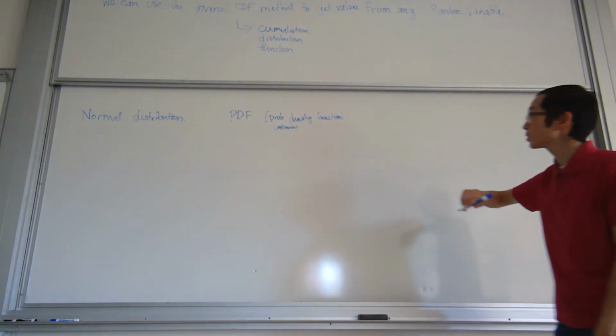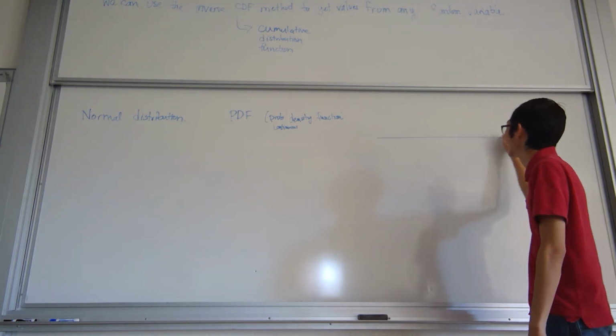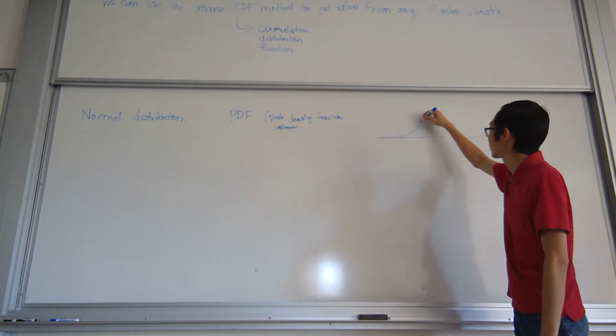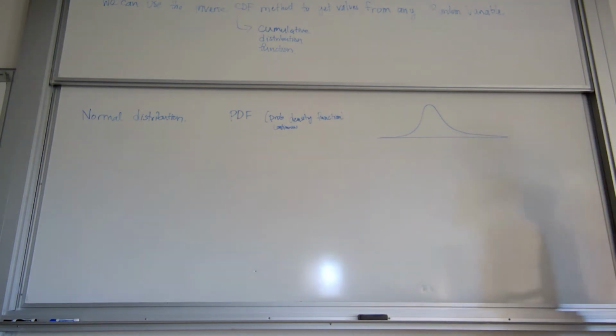For the normal distribution, the PDF looks like the normal distribution that we're all accustomed to seeing.